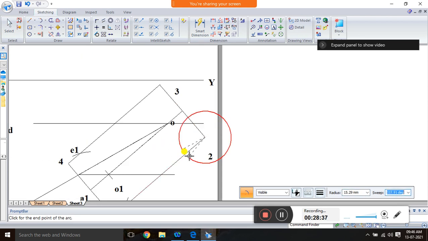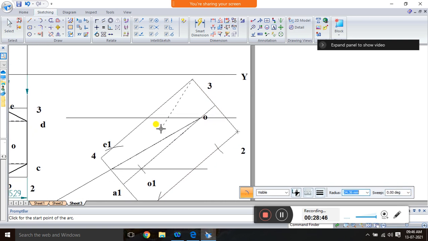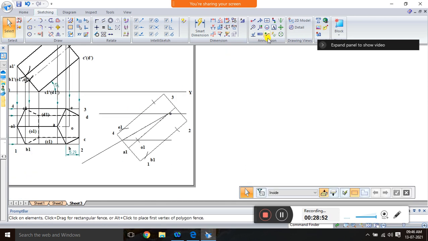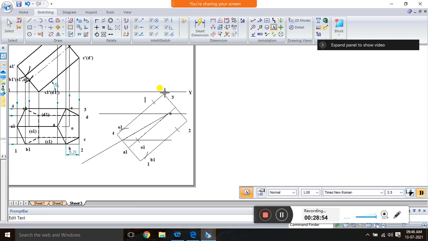So reconstruction is in our hand. Just use 15.29. Like this, we got the points, this is E and this is B.